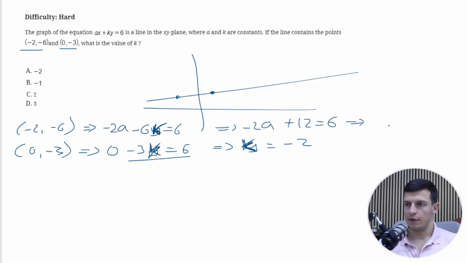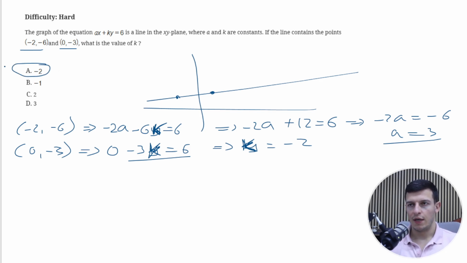And from here, what can we say? -2a will be equal to -6, right? So a is going to be equal to 3. So actually we didn't even need a. So k is equal to -2, but we found a anyways. Okay, k is -2, a is 3, so we have the whole equation. We turned to a different problem, but k we easily found from the first attempt, -2.